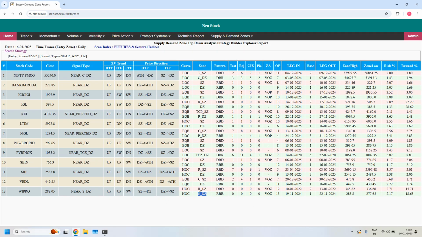Anyway, our focus is stocks near high liquidity zone. Wipro is having a high liquidity demand zone. We identified only one high liquidity daily demand zone from this list.